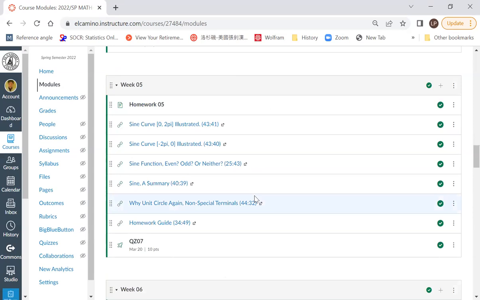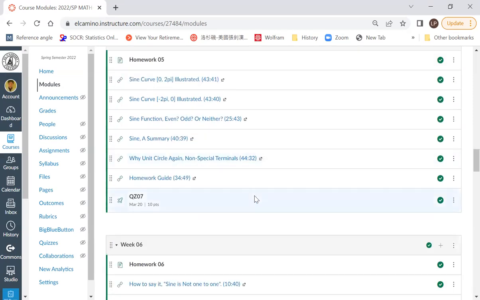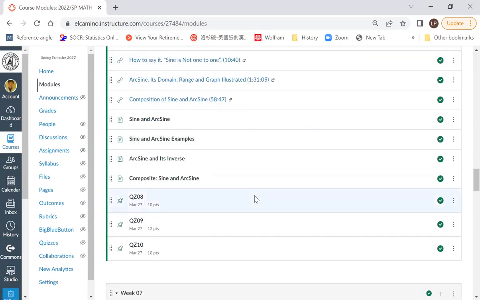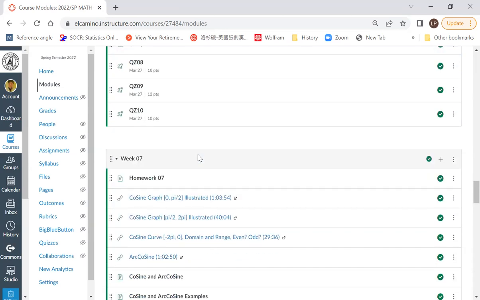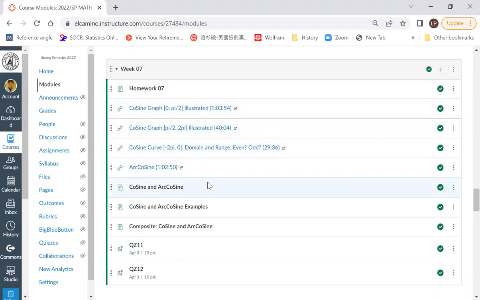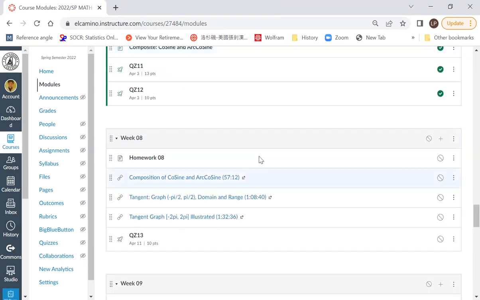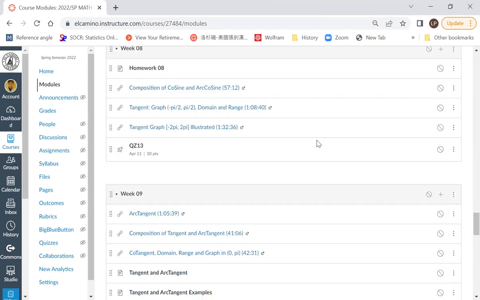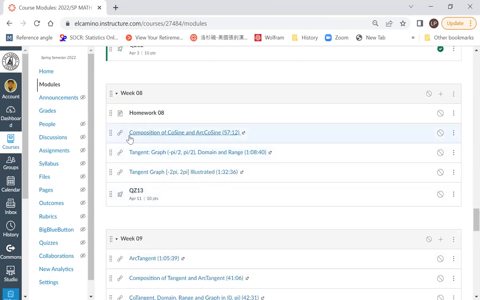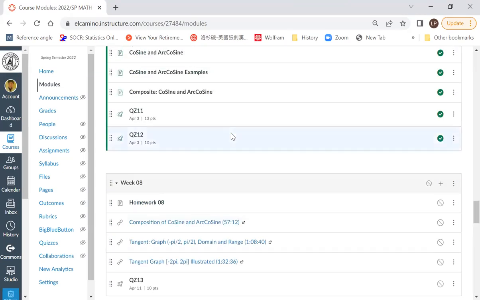We certainly spent most of the time on trigonometric functions. I have these written documents there so you can read about it: the graph of cosine, arc cosine, and all the quizzes. I'm going to make the solutions of the quizzes available for you.